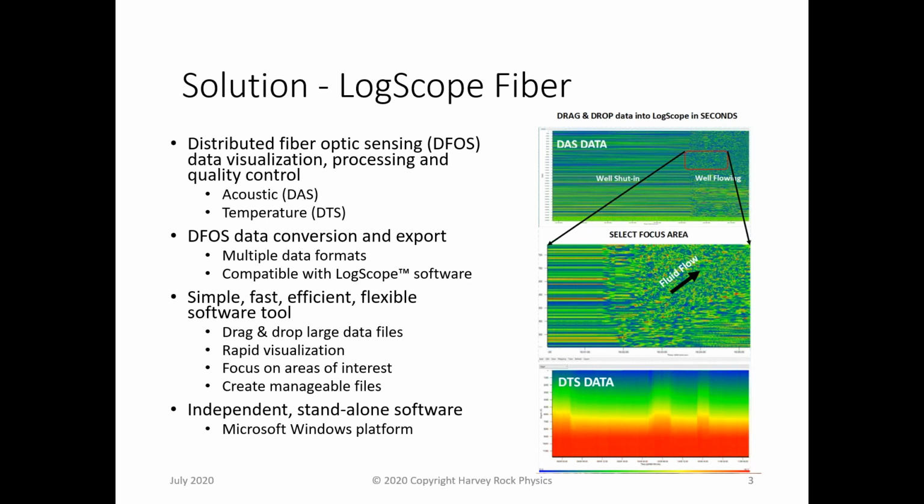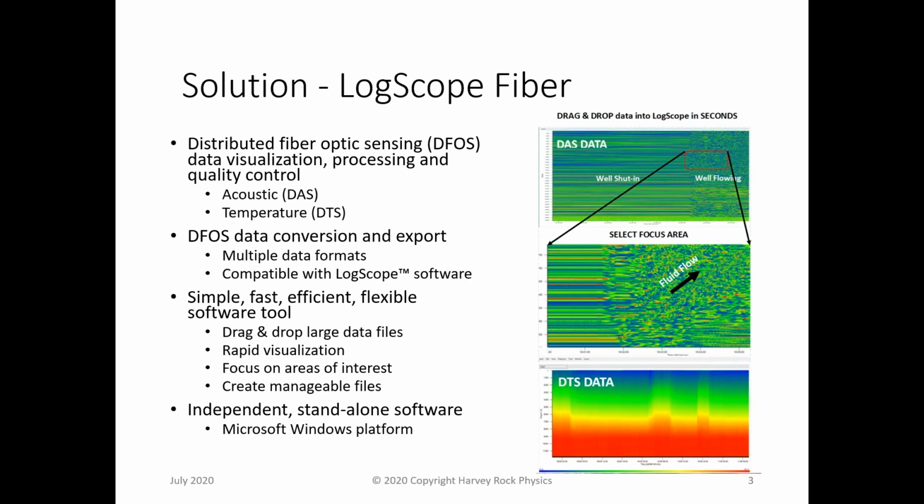Generally speaking, that's going to be distributed acoustic, DAS, or distributed temperature, although the software can actually handle other types of distributed sensing data. It can be customized and further developed to handle other kinds of distributed sensing. But for the most part, that's what we're working with and what we'll demonstrate today.